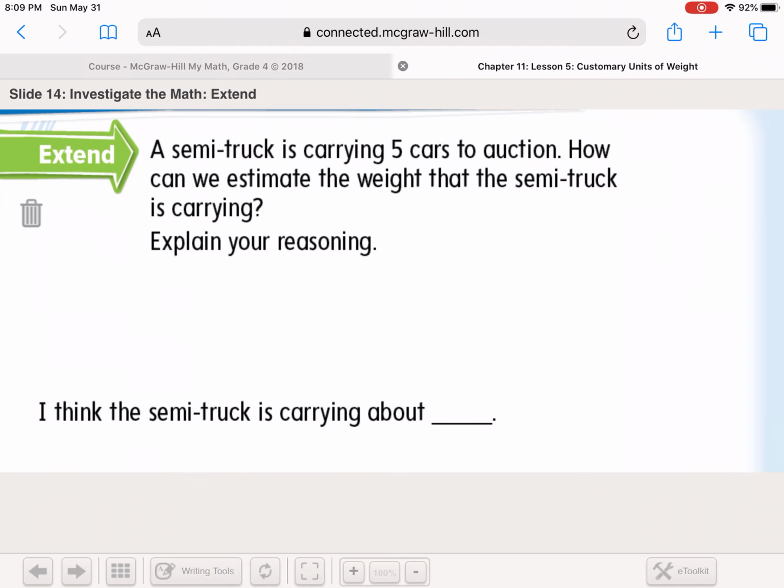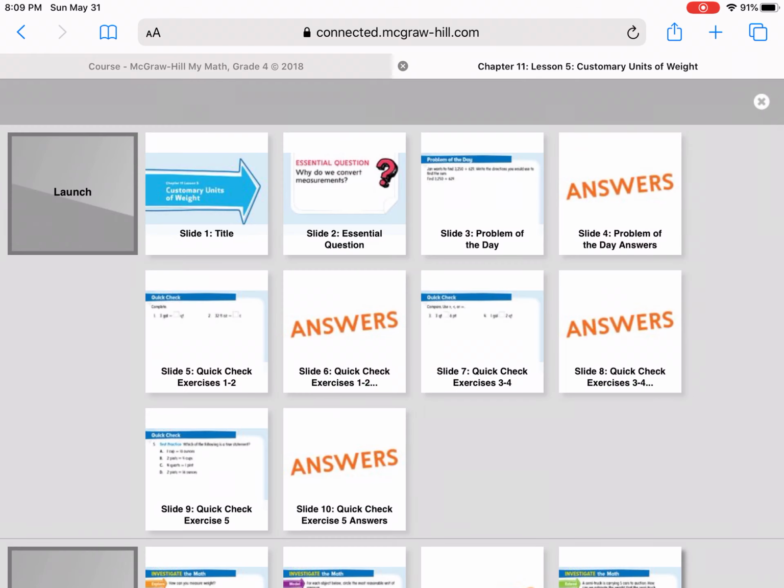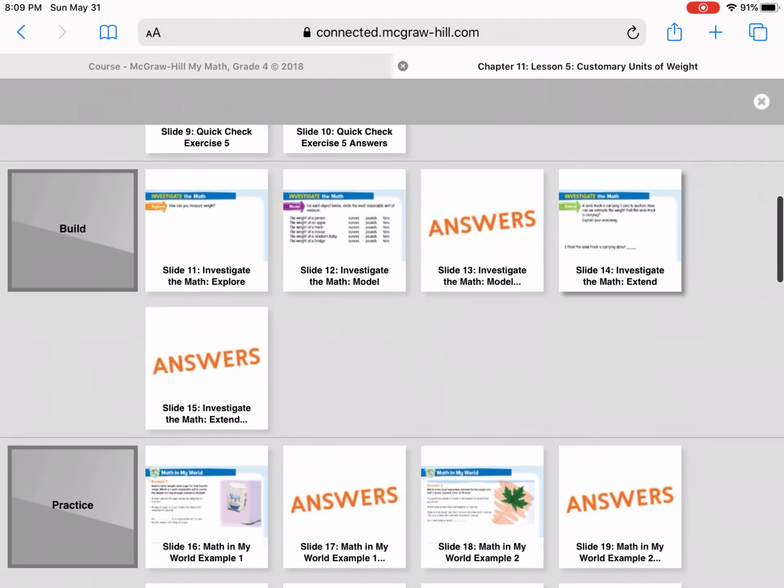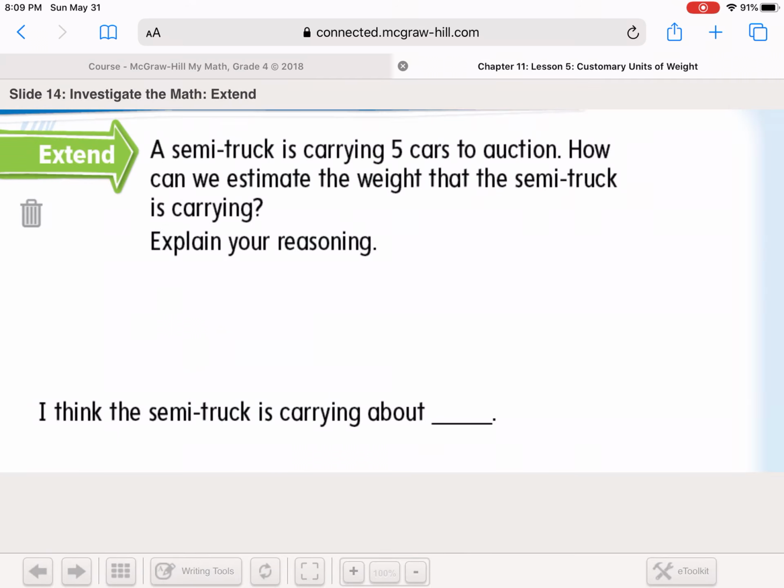A semi-truck is carrying 5 cars to an auction. How can we estimate the weight that the semi-truck is carrying? So let's just say this. If each car is about a ton, how many tons is it? Well, it's 5, right? Oh man, I keep doing this. I'm having problems today.